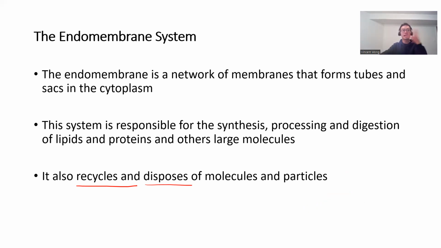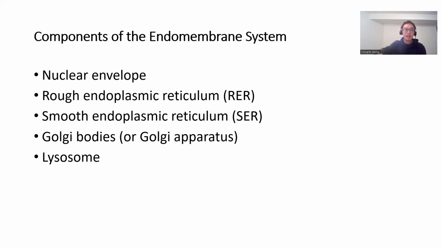Floating in the cytoplasm would be a bunch of these organelles: the ribosomes, the nucleus, the Golgi body. Now, the endomembrane system, again, is just a fancy way of saying a bunch of membranes inside the cell, and it includes the following items.